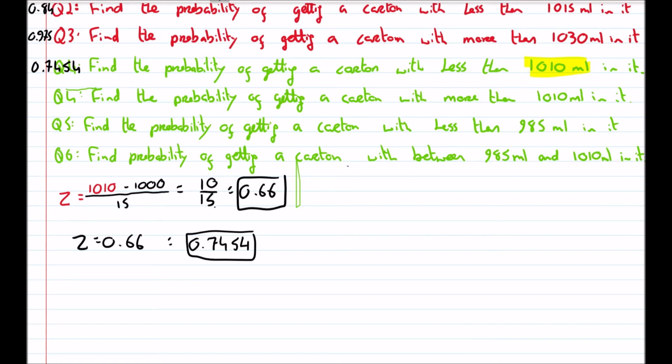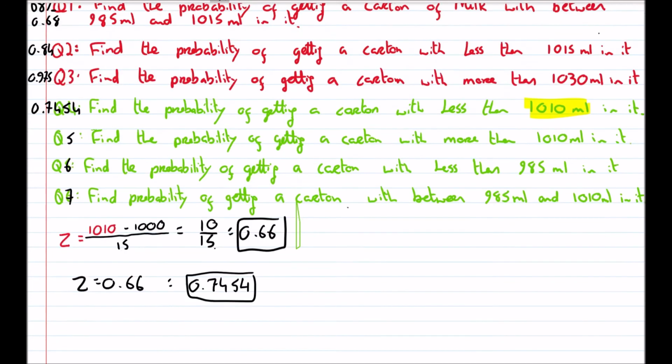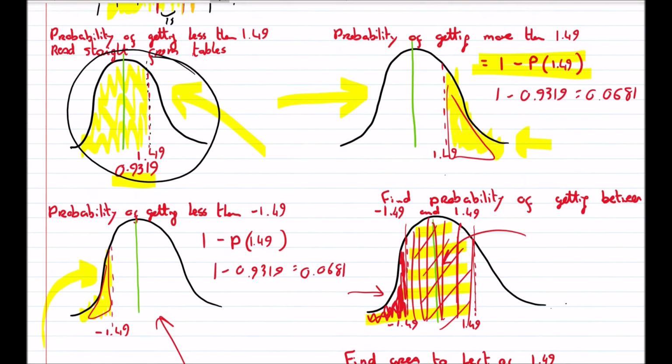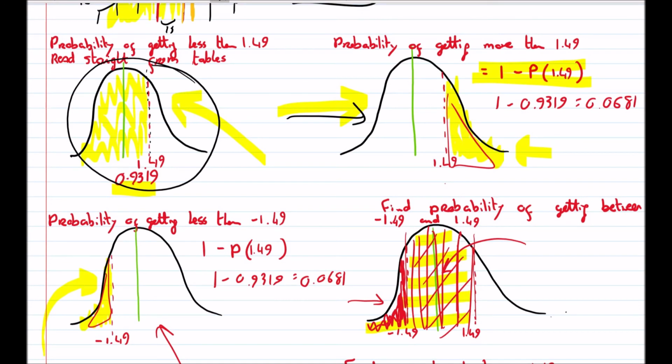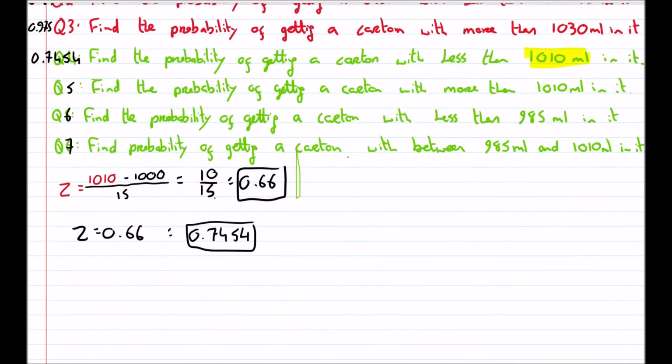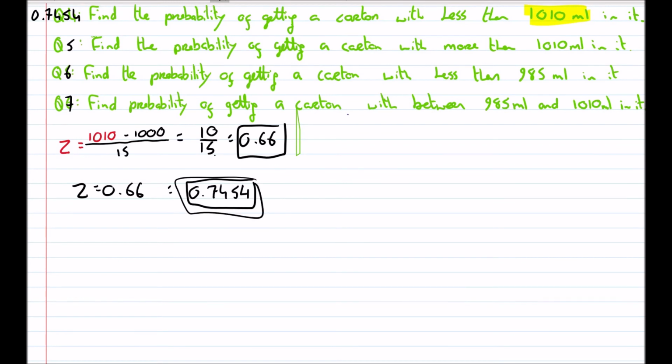Right, the next question. Question 5. Find the probability of getting a carton with more than 1010 milliliters. So in this case we're looking for not what's below this point, but what's more than that. We find our z-score, we find the probability, and we take it away from 1. So I've already found the z-score, so all I do is take it away from 1.